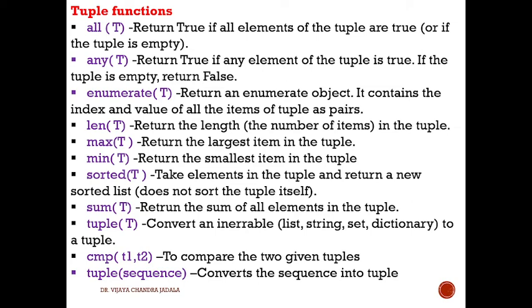Tuple of t converts an iterable, that is a list, string, set or dictionary, to a tuple. Cmp of t1, t2 compares two tuples. Tuple of sequence converts the sequence into a tuple. So these are all the different tuple functions, which we can implement in programming to get a clear understanding.